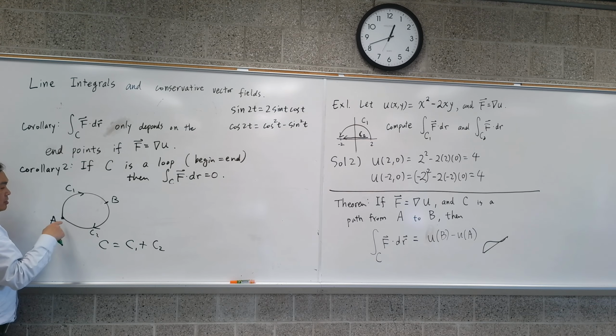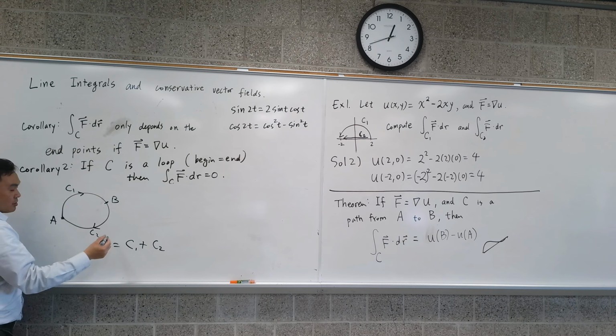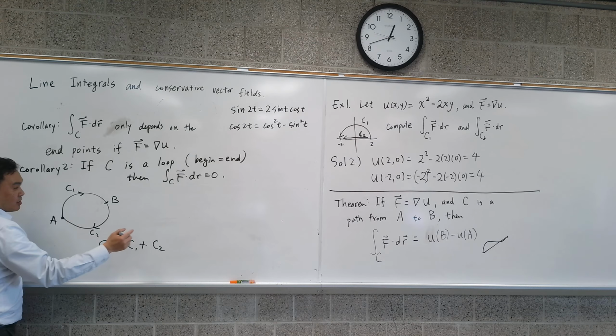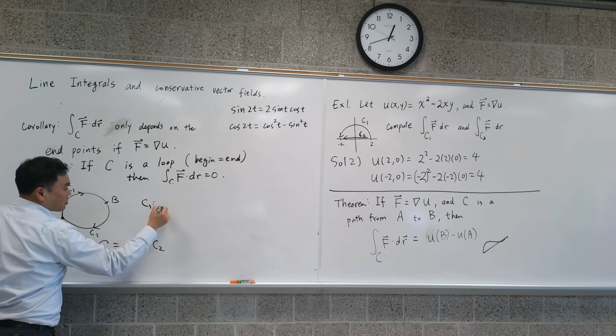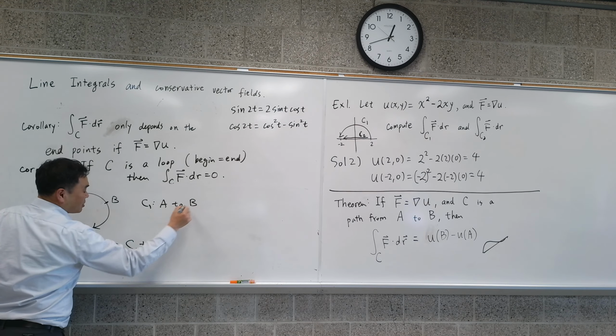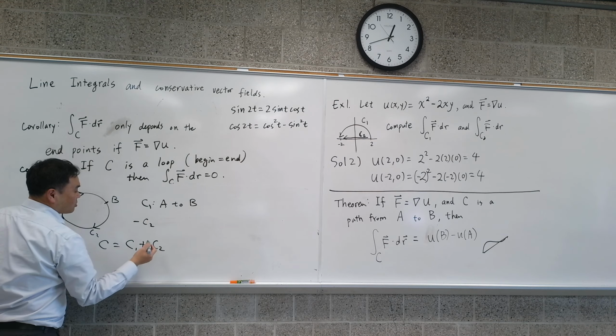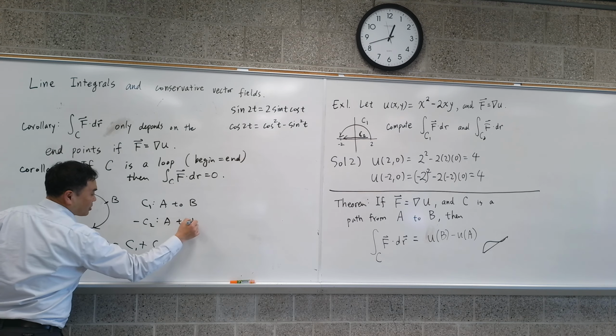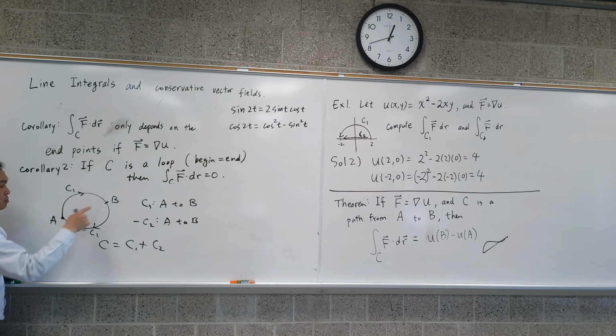But then this C1 is going to have the same integral as negative C2, right? Because C1 connects from A to B, C1 goes from A to B. And negative C2 goes from A to B as well, because C2 itself goes from B to A, right?